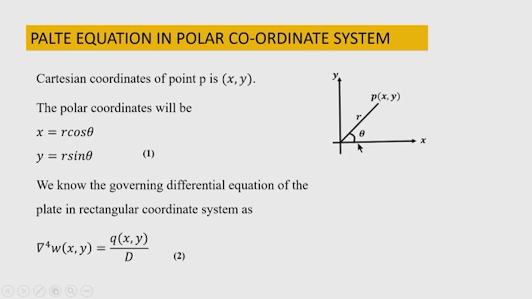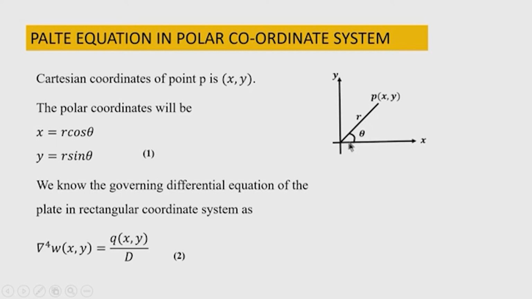Here we take the x axis. So, the point P(x, y) in Cartesian coordinate system will be transformed to a point P with coordinates r and theta, where you can easily see that the x coordinate is equal to r cos theta and the y coordinate is equal to r sin theta.